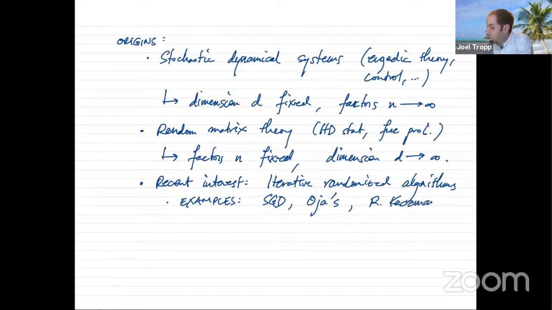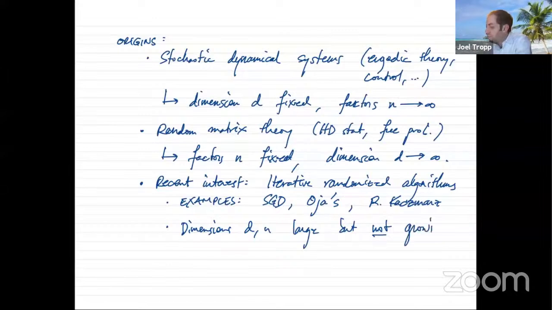Randomized Kaczmarz is a randomized technique for solving overdetermined least squares problems. And so in these cases, it's often the situation that the dimension d and n are large, but not growing.